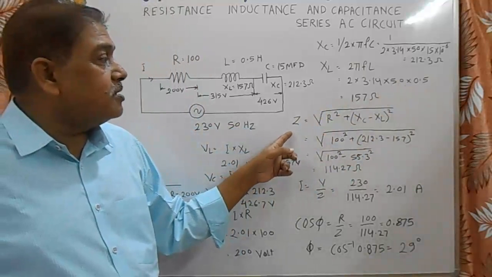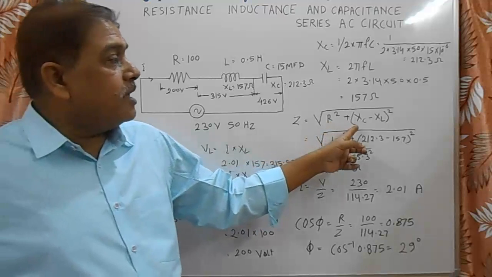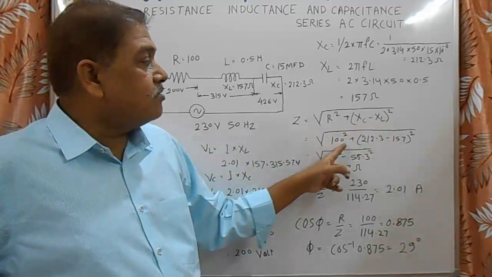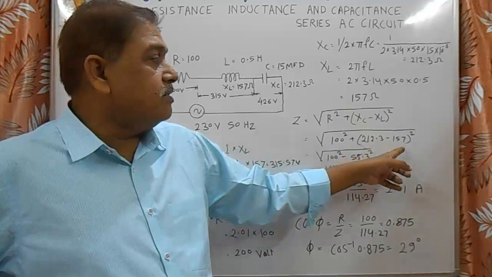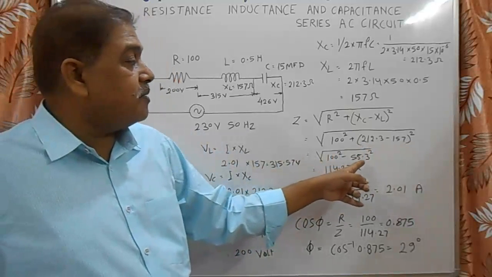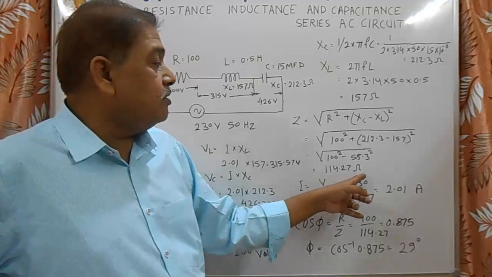The impedance of the circuit is equal to under root R square plus bracket XC minus XL whole square, or 100 square plus under root of 212.3 minus 157 whole square, here 100 square plus 55.3 whole square, is equal to 114.27 ohm.